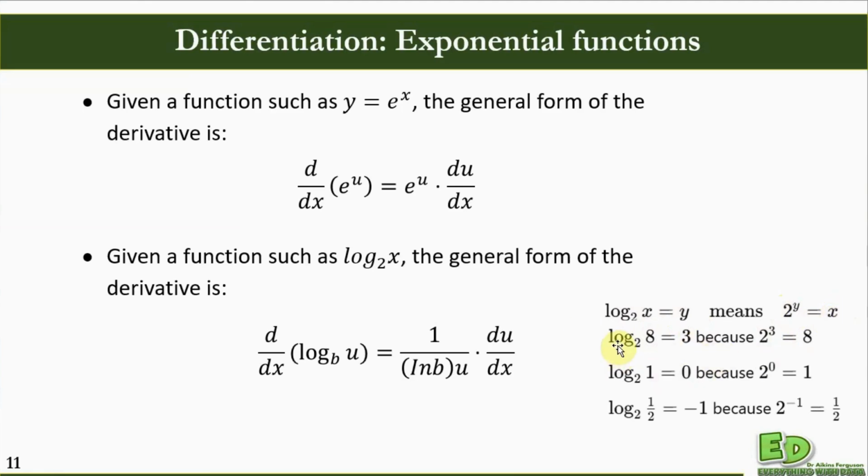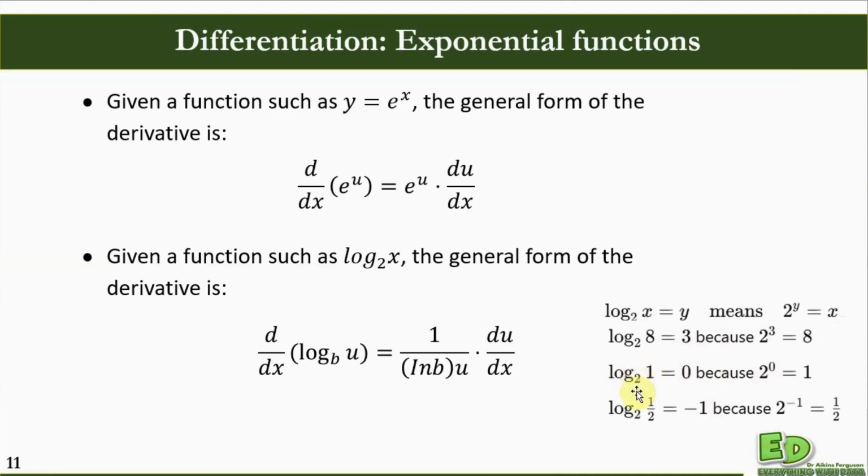An example is that when you have log 8 to the base 2 is equal to 3. It simply means that this base of 2 raised to the power what number should give you 8. Remember, 2 raised to the power 3 is equal to 8. Same here, log 1 base 2.